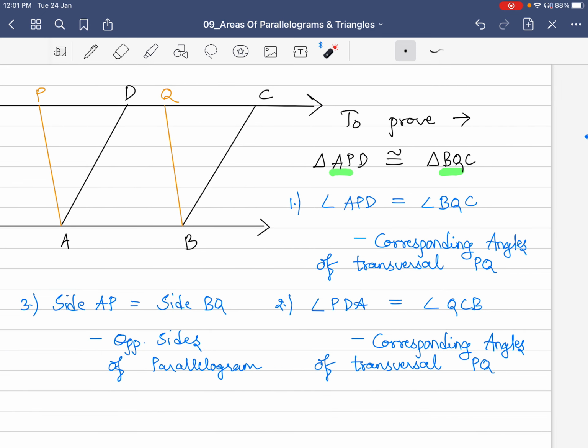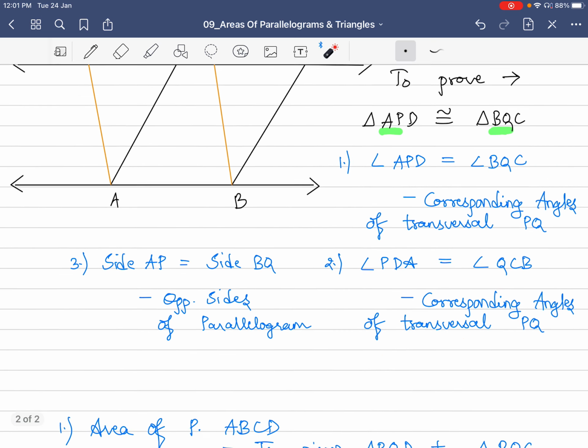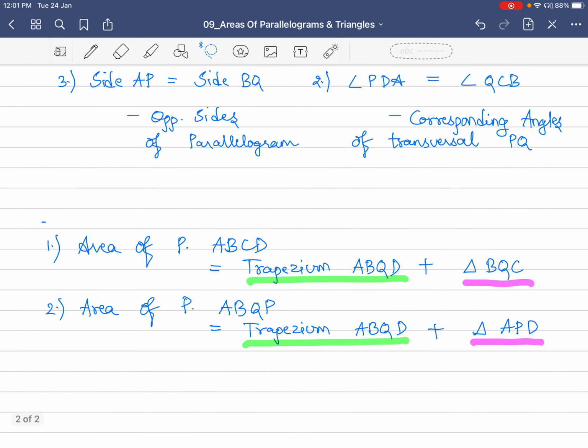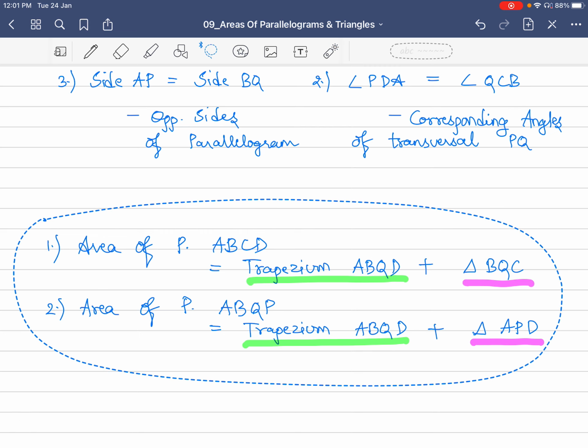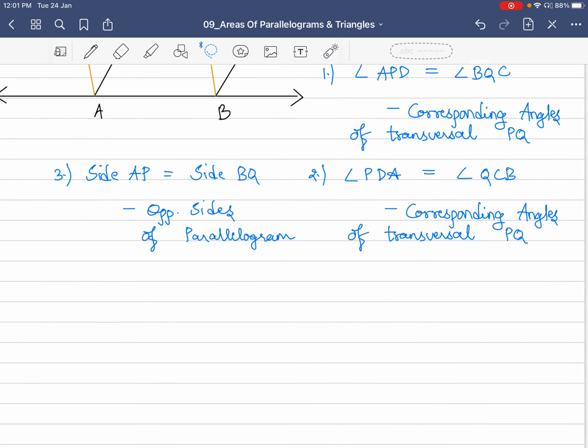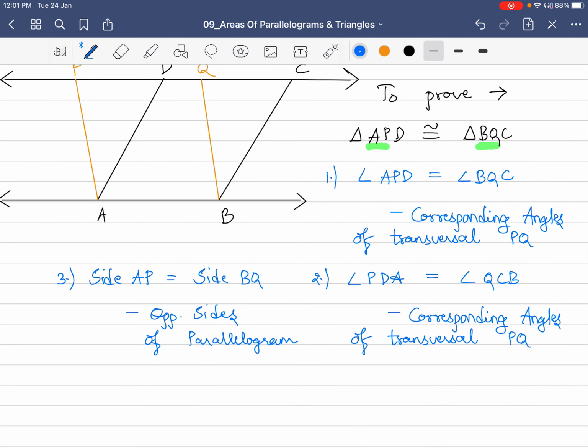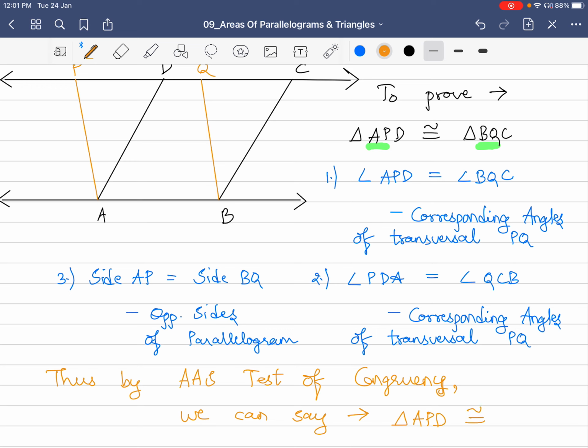And thus, now I don't have space here. So let's come down and take this down again so that we have space. Now by the AAS test, thus I'm going to write here: by the angle-angle-side test of congruency, we can say that triangle APD is congruent to triangle BQC.